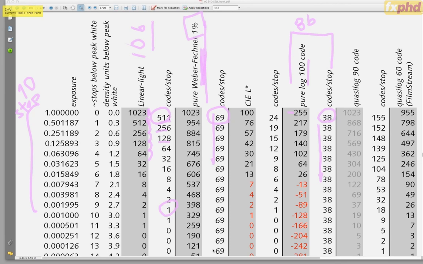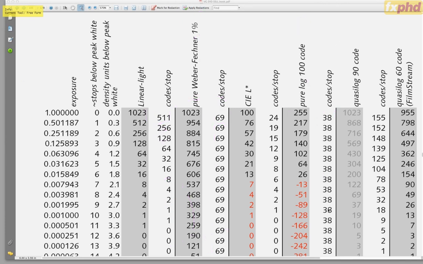And my argument about camera noise is that down at 11, 12, 13, 14 stops down, you start getting only a few meaningful codes. The rest is noise. You absolutely do not have anything like 69 useful codes. So you might as well not have this theoretical Weber-Fechner thing, but start slacking off the number of codes per stop, but not slacking off like linear light coding and not slacking off like some of the other coding we see.